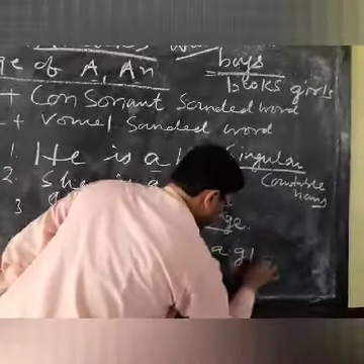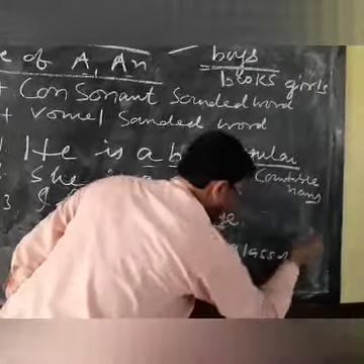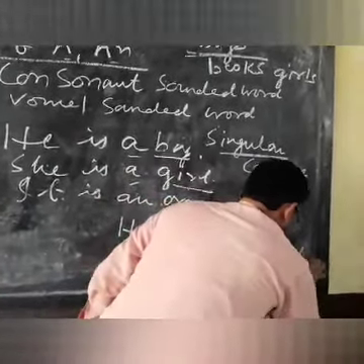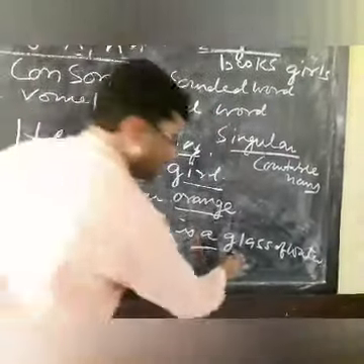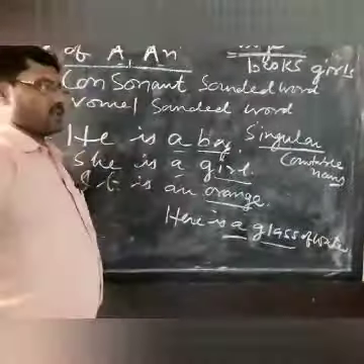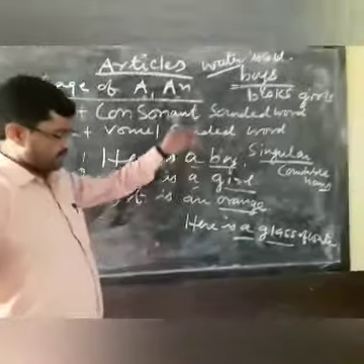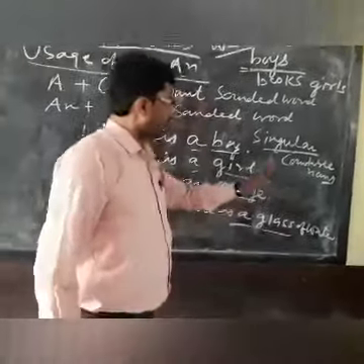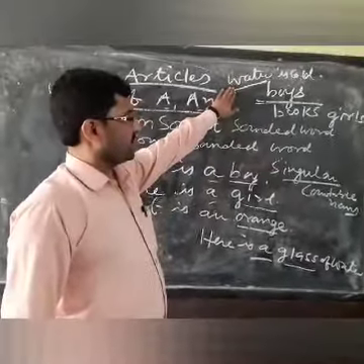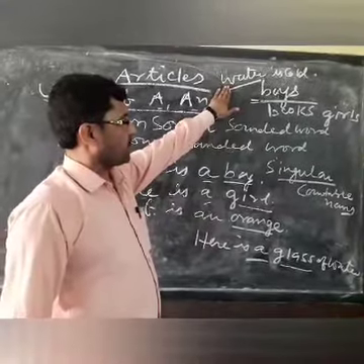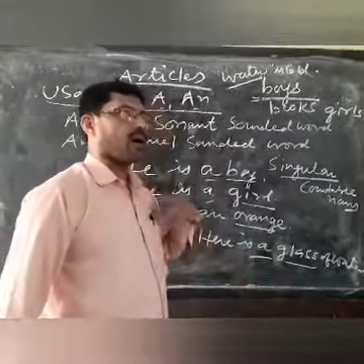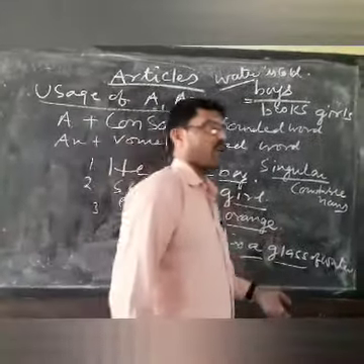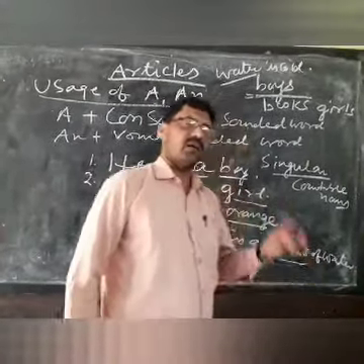glass of water. You can use it like this: here is a glass of water, a pot of water, a bottle of water. But when water is an uncountable noun, there are no such expressions like a glass of water, a pot of water, a jug of water, a bottle of water.